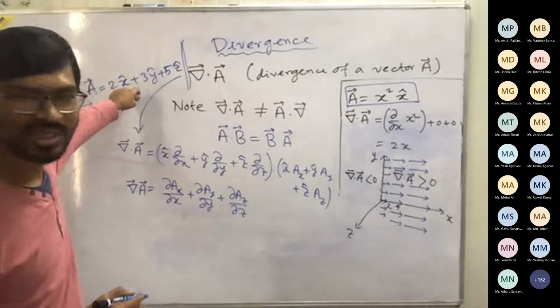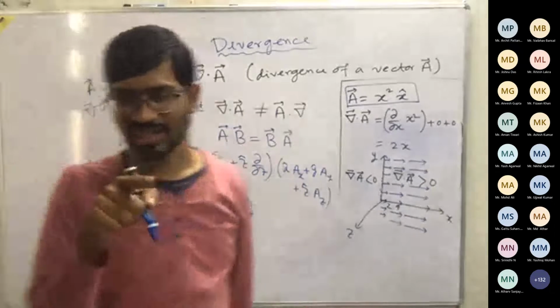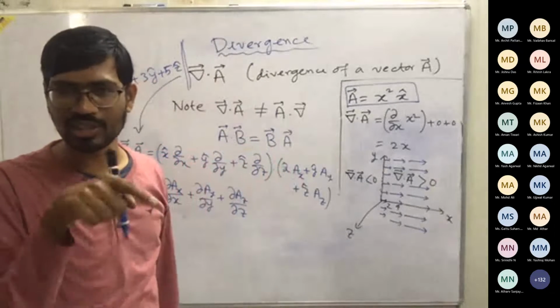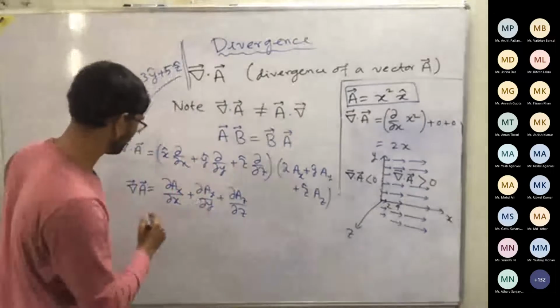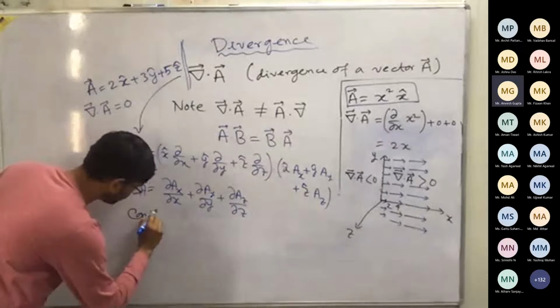So this vector A is called a constant vector, by the way. Have you heard of constant vectors? Yes, sir.